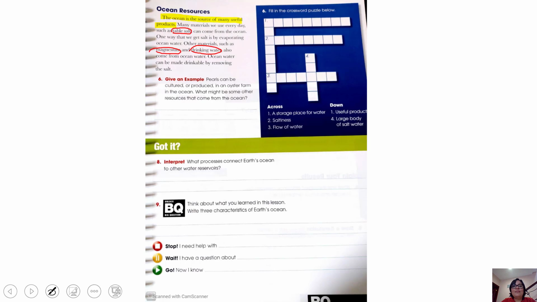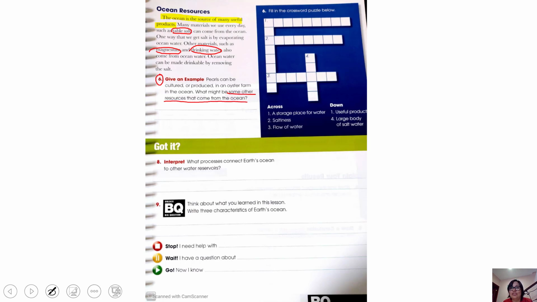So I want you to do number 6. It says, give an example. Pearls can be cultured and produced in an oyster farm in the ocean. What might be some other resources that come from the ocean?